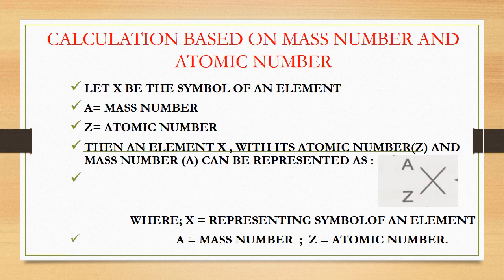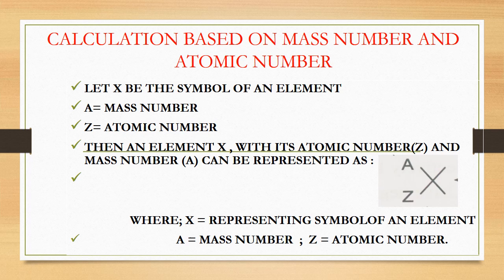This slide is based on calculation based on mass number and atomic number. To understand this concept, let us assume that there is an element X with mass number A and atomic number Z. So this element whose symbol is taken as capital X can be represented with its atomic number and mass number as it is designated in the picture.